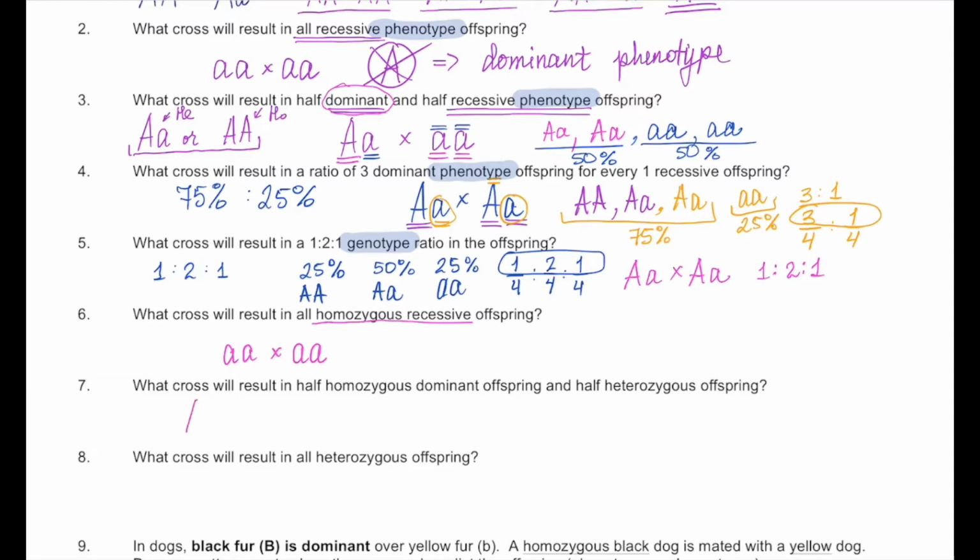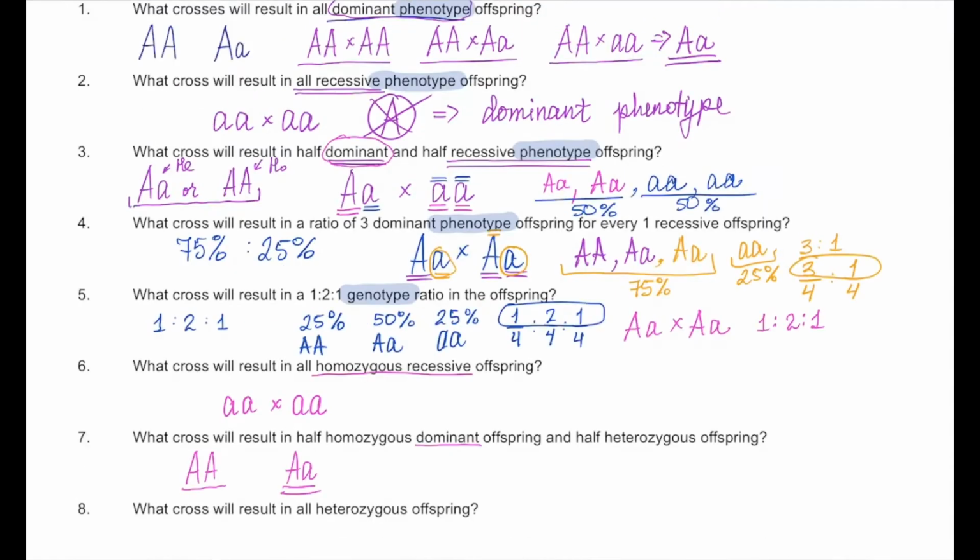Number 7, what cross will result in half homozygous dominant offspring and half heterozygous offspring? So we're talking about half homozygous dominant and half heterozygous. So what you need to notice is that there are no homozygous recessive, which means we cannot cross heterozygous, because if we cross heterozygous, look at this. If I cross these two heterozygous, then there will be a combination of these two. So that is not going to help us. So I'm going to erase this part. And then how do I get exactly half of these, and exactly half of these?